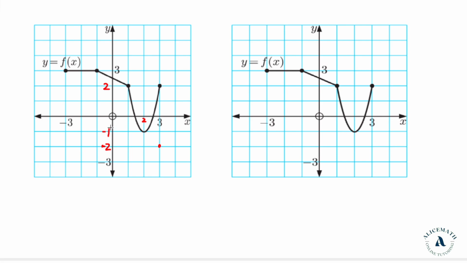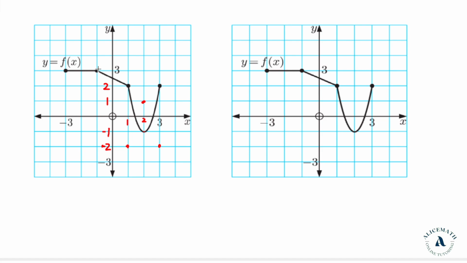So -1 now should be +1. So this vertex now we need to transform to here. And here this vertex we have the x-coordinate 1 and the y-coordinate 2. So we change it to -2 as the y-coordinate. So the same.